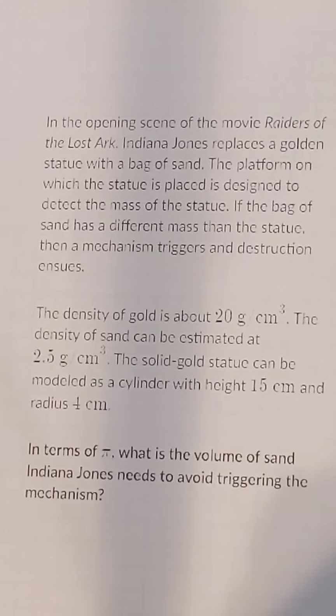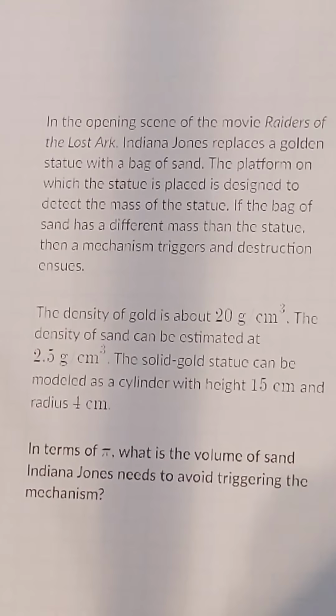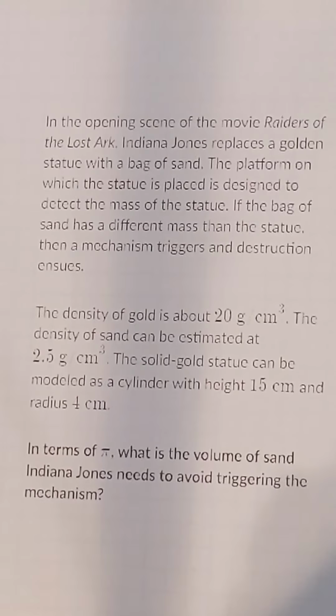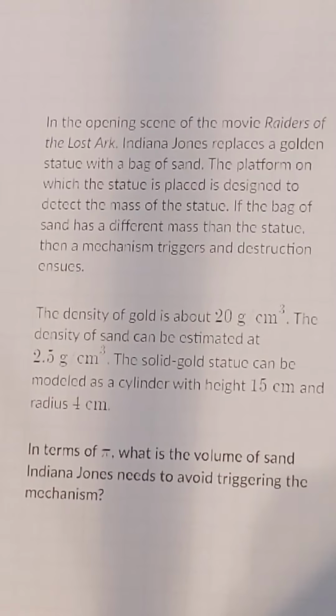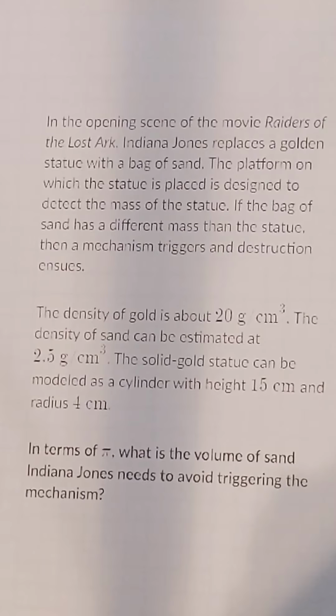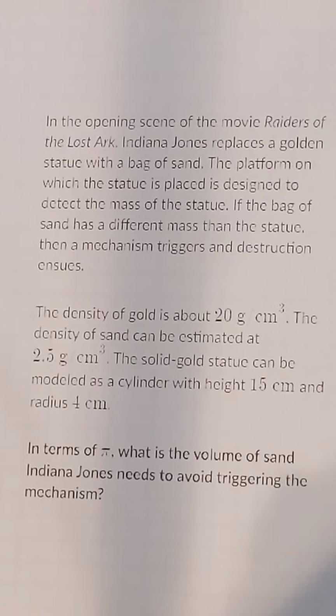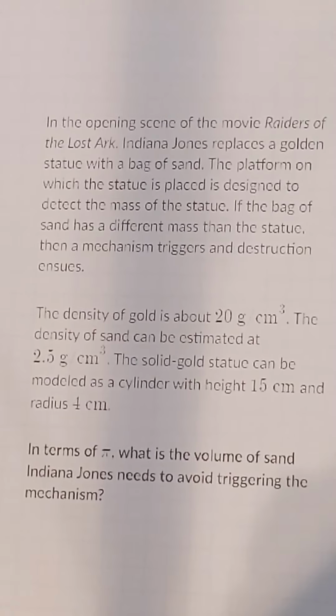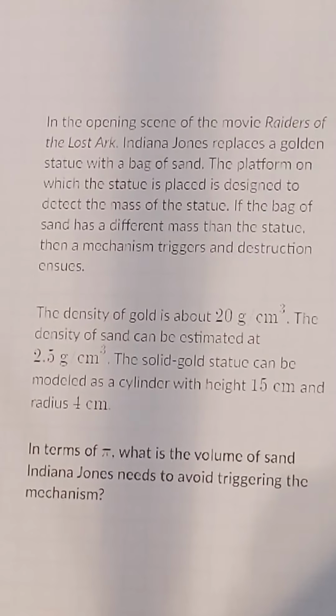So what we have here is sand and gold. We need that to stay balanced. The question says the density of gold is about 20 grams per centimeter cubed. The density of sand can be estimated at 2.5. So they give me two densities.